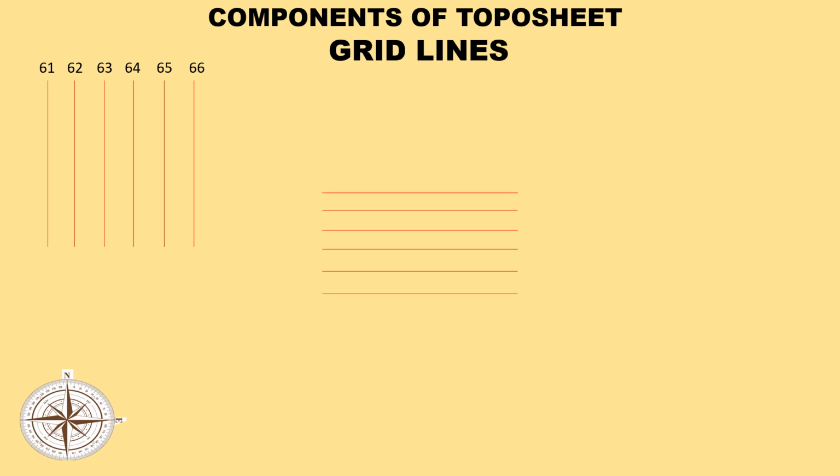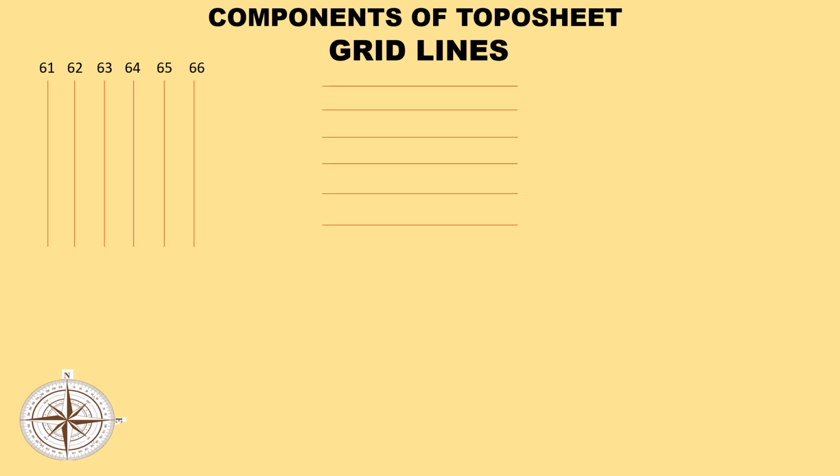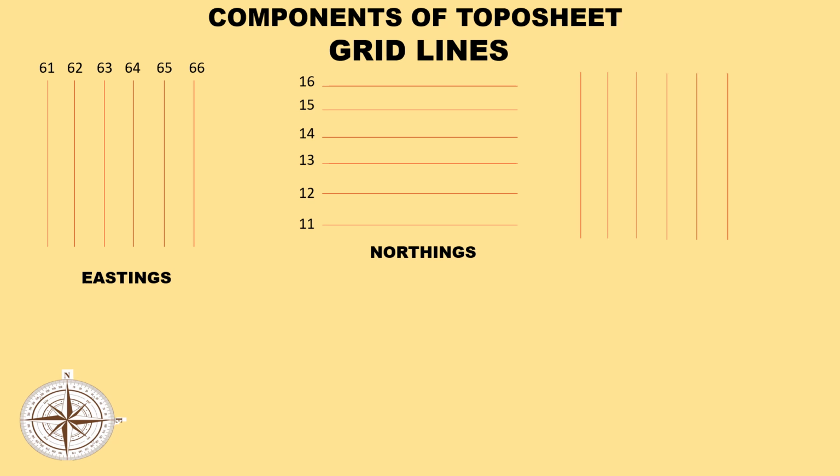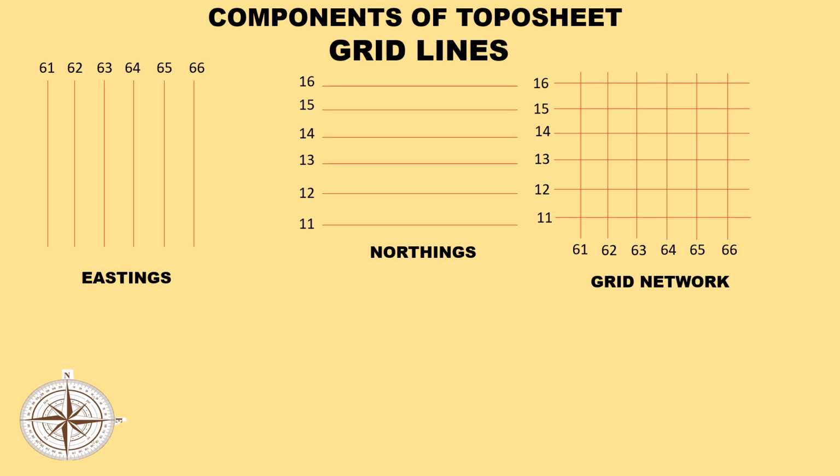On the other hand, we have certain grid lines which are horizontally arranged, whose values increase in the north direction. The vertical grid lines are called the eastings, whereas the horizontal grid lines are called the northings. Now, if we place the eastings and northings together, we get something like this, called the grid network.